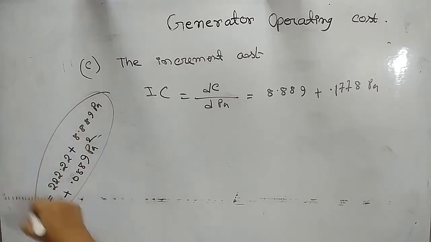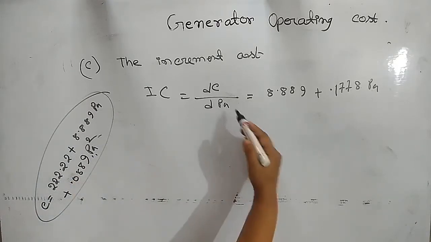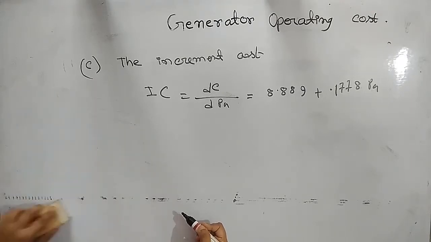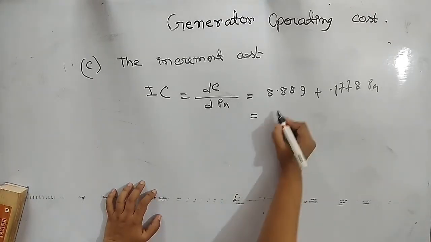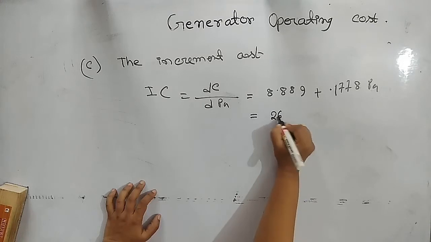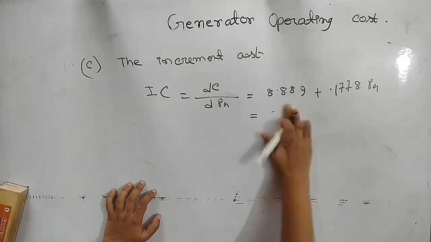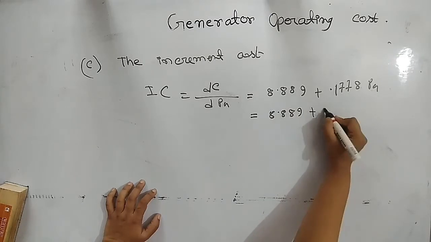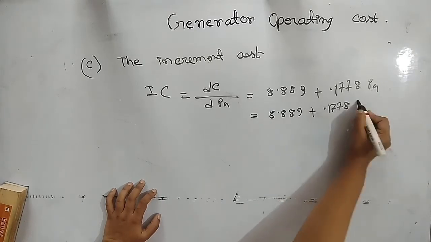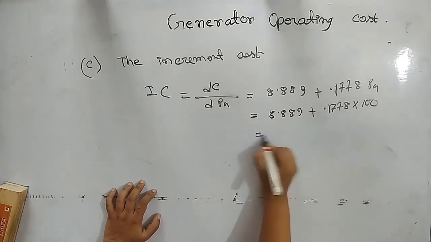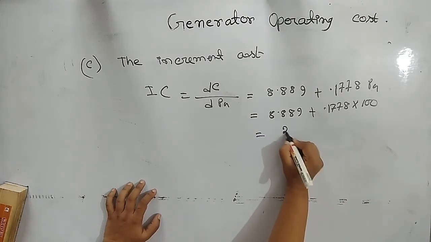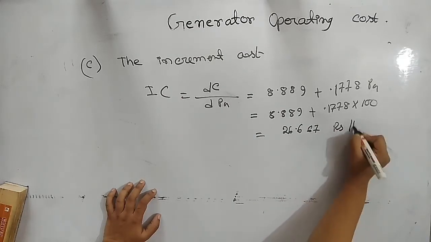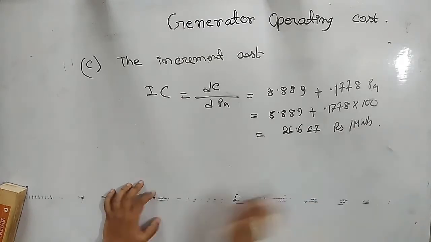Now we differentiate it with respect to PG, so we get this expression, and by putting the value of PG, that is 100, we get the value 26.667 rupees per megawatt hour.